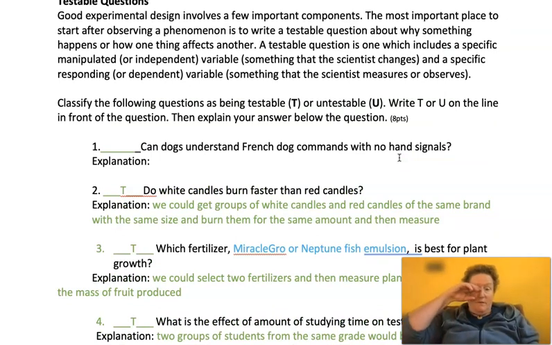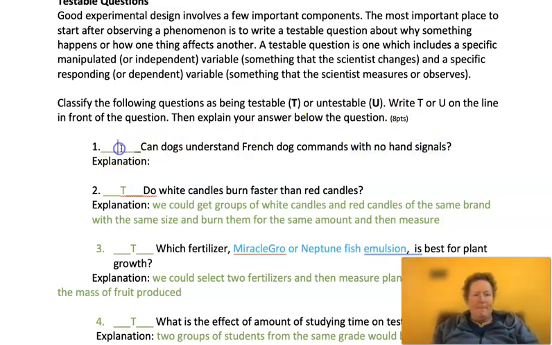Can dogs understand French? We had to add with no hand signals. Because most dogs, if you say sit and then you go like this, they're looking for your fist. They don't really care what you say. They're looking for your hand signals. But if you don't have a hand signal, they might understand your voice.